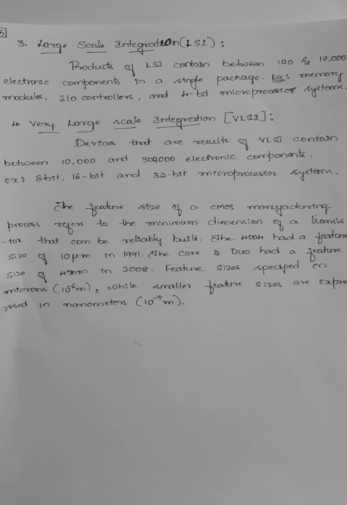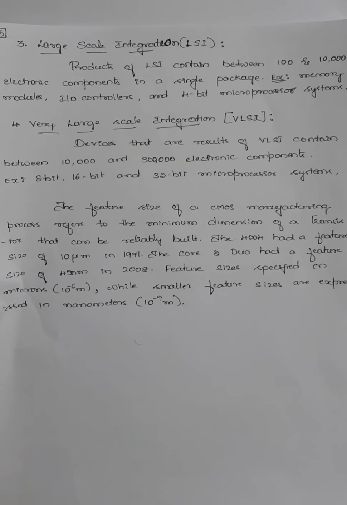Then comes the large scale integration, LSI. The products of LSI contain between 100 and 10,000 electronic components in a single package. Examples of LSI are memory modules, IO controllers, and 4-bit microprocessor systems.